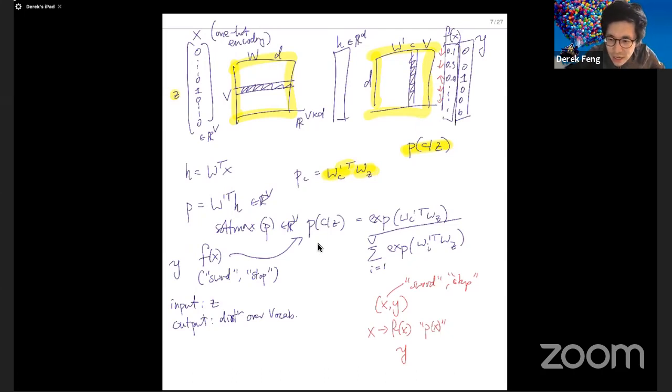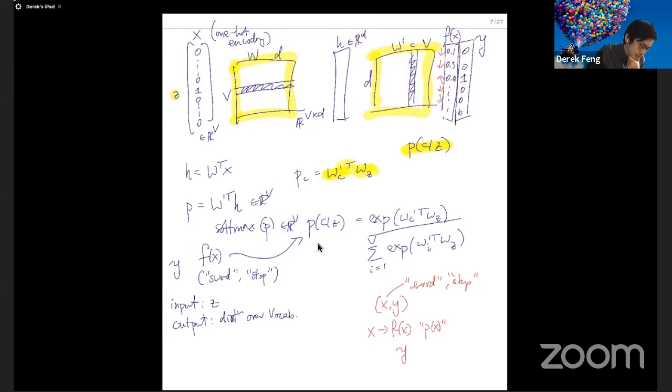So what's the hidden layer neural network interpretation of H here? Why is this called a hidden layer? Essentially, you should think of it as an intermediary step.